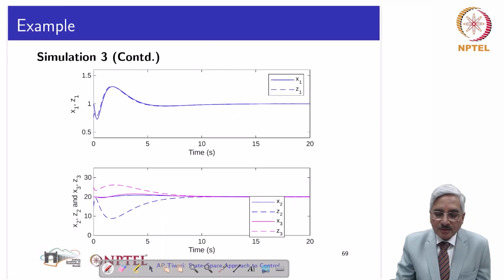We see what happens to the estimated states. So we are showing x1, x2 and x3 and also on the same graphs z1, z2 and z3. So this is the graph showing x1 and z1.